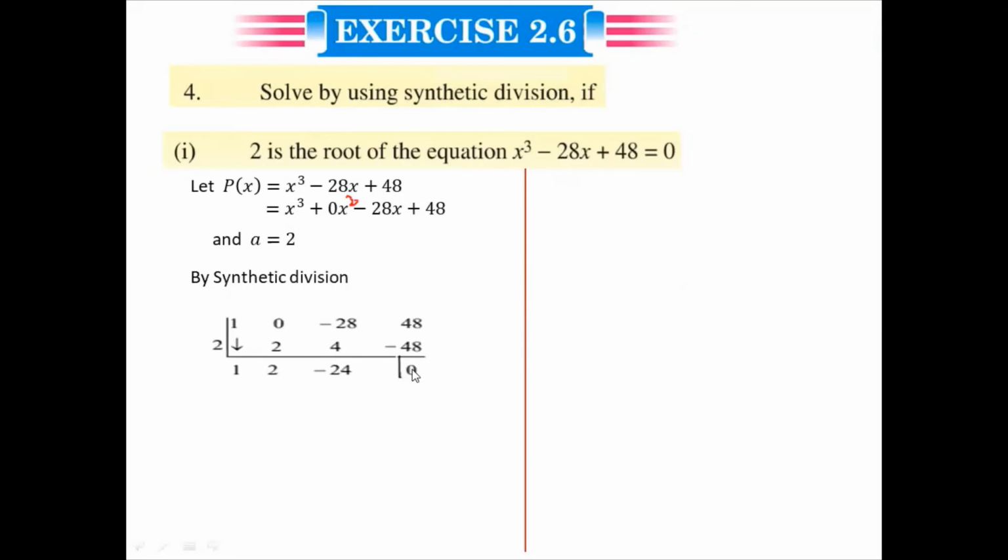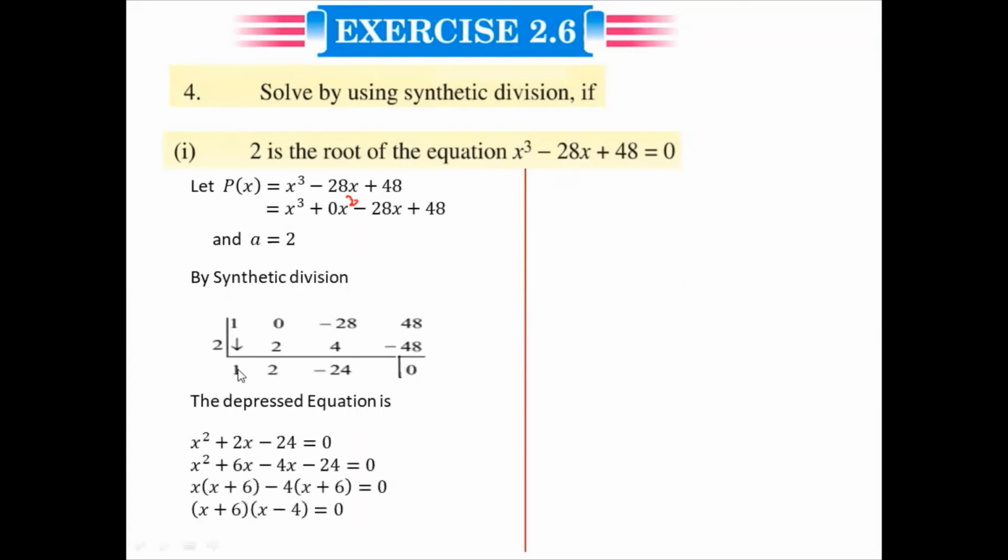So here the remainder is 0. So we can write the depressed equation. Since this equation is x cube, the depressed equation will be a quadratic equation. So we write x square, coefficient of x square is 1, so plus 2x minus 24 is equal to 0. Now this is the depressed equation.